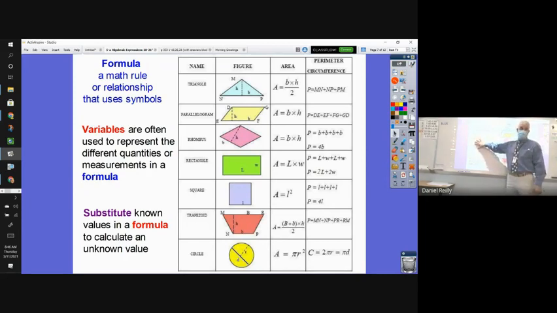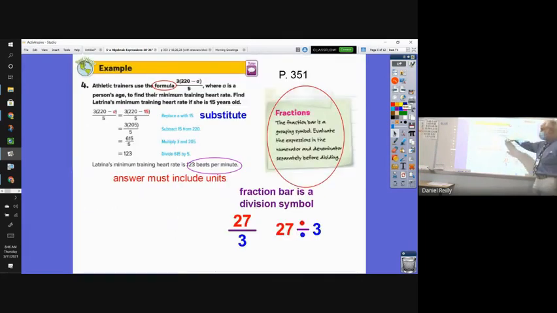Variables are almost always used in formulas to represent the things that can change, the measurements or the quantities that you're going to put in to figure out something else, okay? So you substitute the values that you know, and then you can calculate whatever it is the formula is trying to tell you. So it's the same as what we just did, except the variable expression might be a little more complicated, like 3 times (220 minus A) divided by 5.